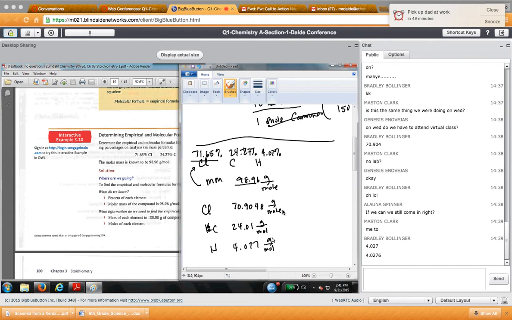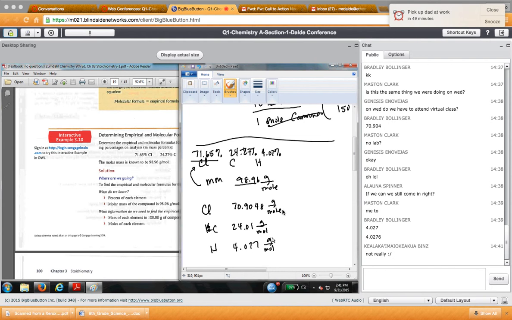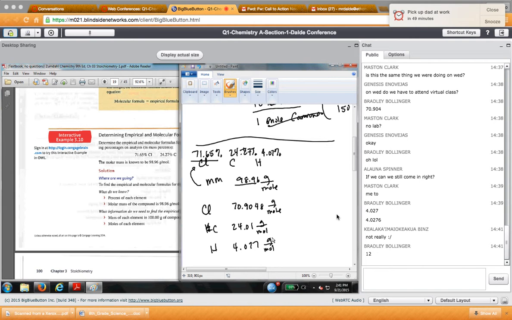All right. By the way, how many moles of chlorine am I dealing with here? So, I know that if I had 98.96 grams of this stuff, my chlorine would be 70.9048.